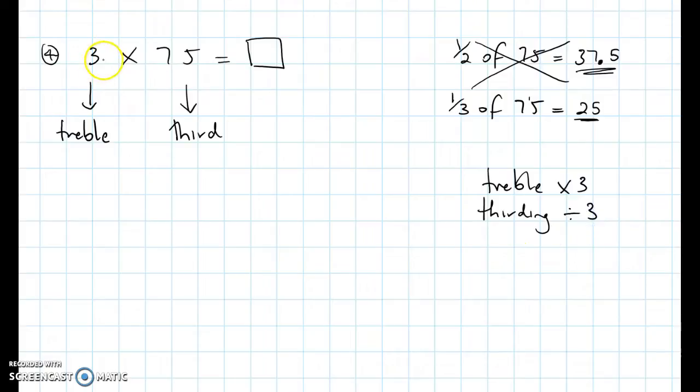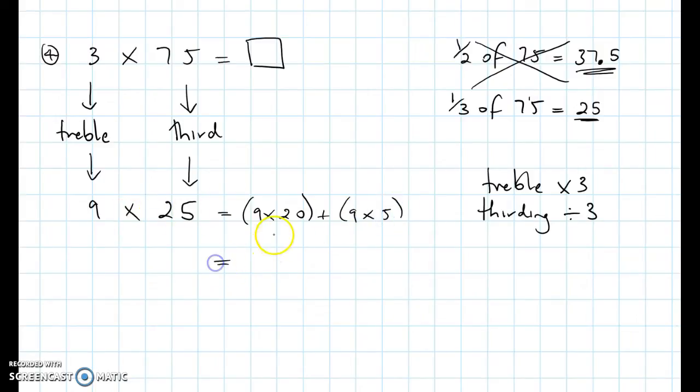So 3 times 3 equals 9 times a third of 75, that's what we said, 25 here, equals 9 times 25. Let's do our place value. 9 times 20 plus 9 times 5. 9 times 20 is 180 plus 9 times 5 is 45.